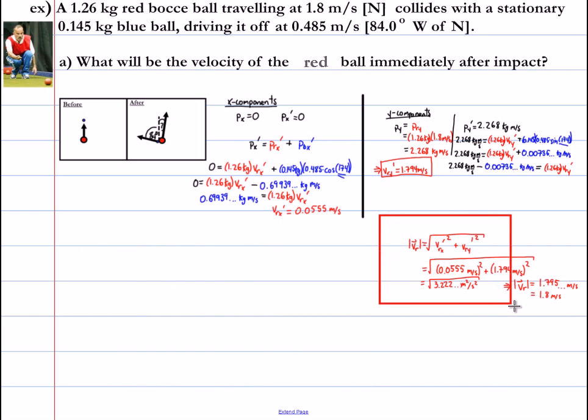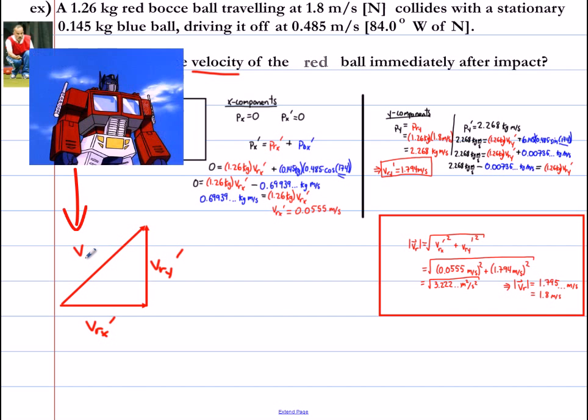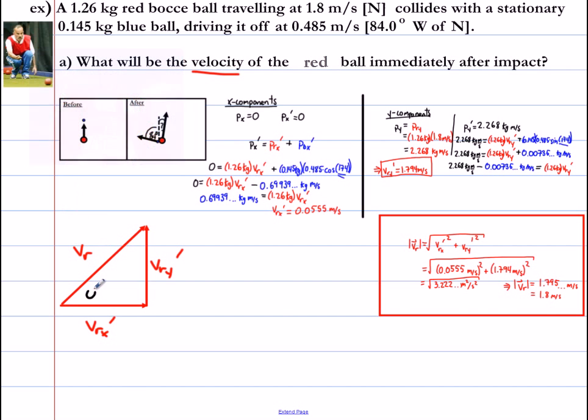So sig dig wise, 1.8 meters per second. Next, because we're finding the velocity, we need to find the direction as well. So we do opposite over adjacent. We use tan, and we take the y component of the red ball's velocity after the collision, divided by the x component of the red ball's velocity after the collision.